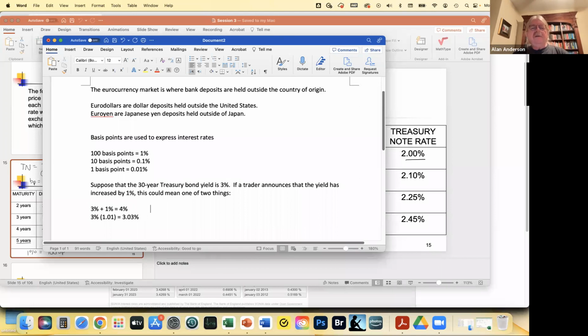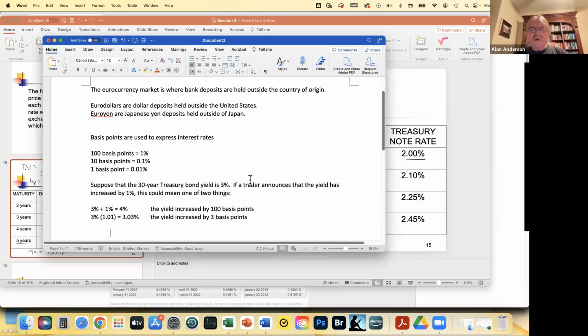So here, the yield increased by 100 basis points. And here it increased by 3 basis points. So it should be clear what you're being told with basis points, which may not be true with percentages. Okay, so I just want you to be aware of that.